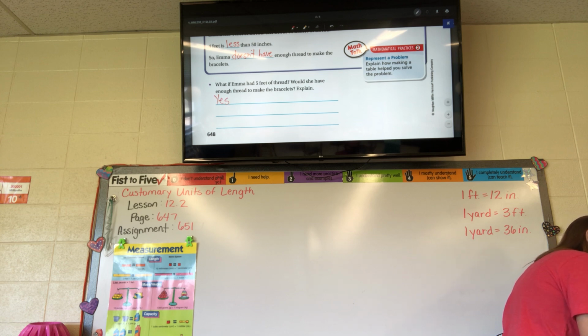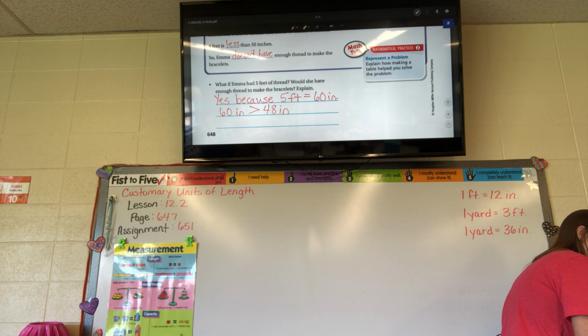Yes, because 5 feet equals 60 inches. 60 inches is greater than the 50 inches that she needs. So she would have enough. Okay.